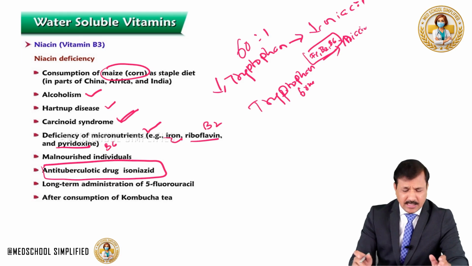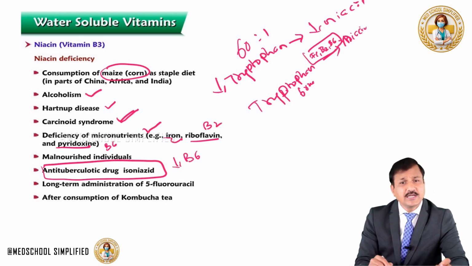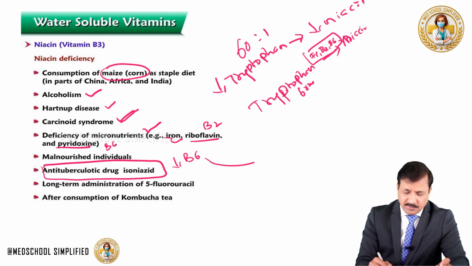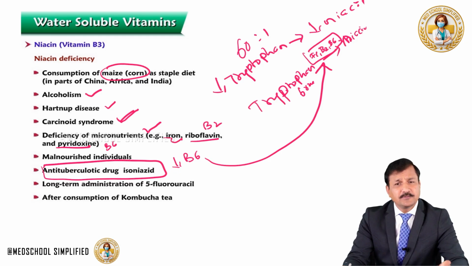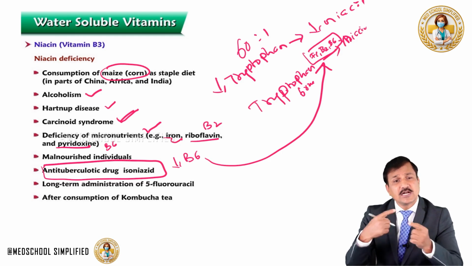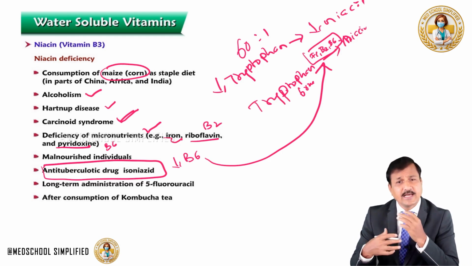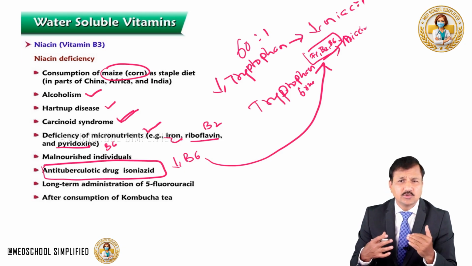Primarily INH causes a decrease in vitamin B6, and since vitamin B6 is necessary for the conversion of tryptophan into niacin, that will decrease niacin. So, that is the connection. It is not a direct connection with the anti-tubercular drug INH leading to niacin deficiency.